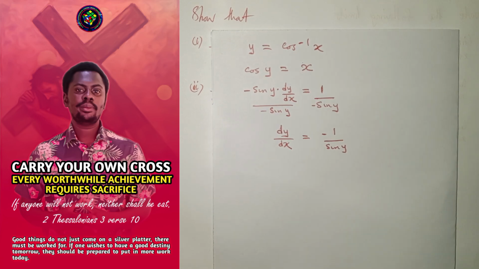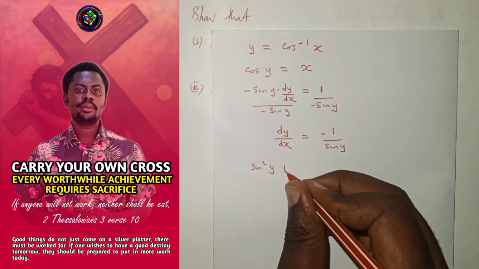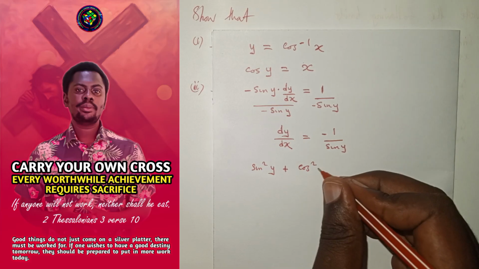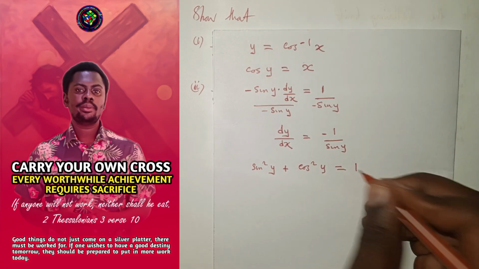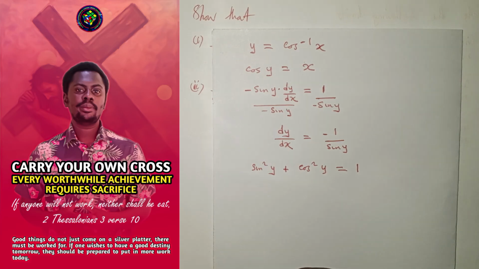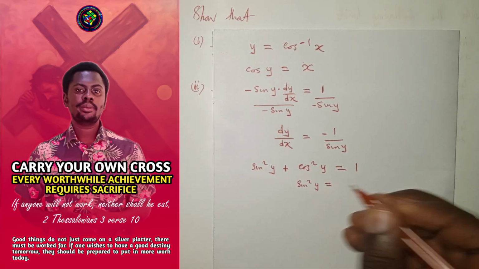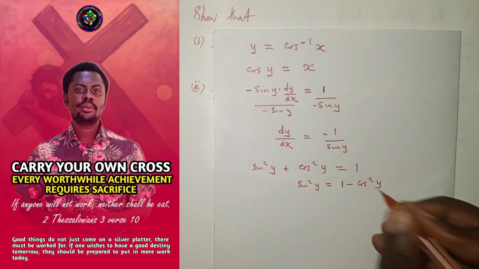Okay, again we know that sine squared y plus cos squared y is equal to 1. So if we make sine squared y the subject, we are going to have sine squared y is equal to 1 minus cos squared y.